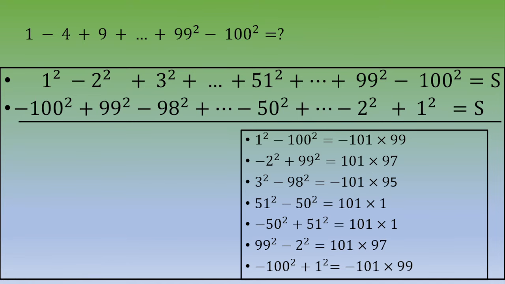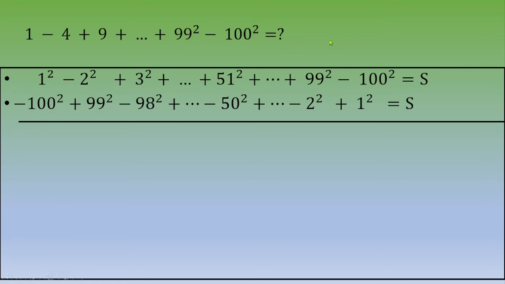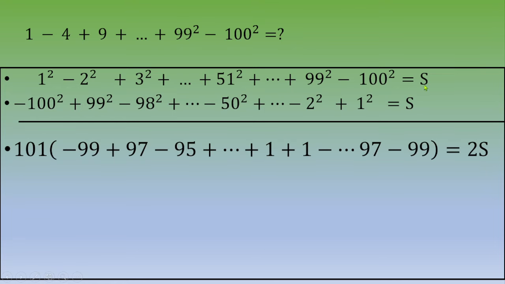So now you can add these two rows and you obtain capital S plus capital S. This is 2 capital S. And you can factor by 101. This is 101 times negative 99 plus 97 minus 95 plus and so on and so forth, plus 1 minus 3 and so on and so forth, plus 97 minus 99.